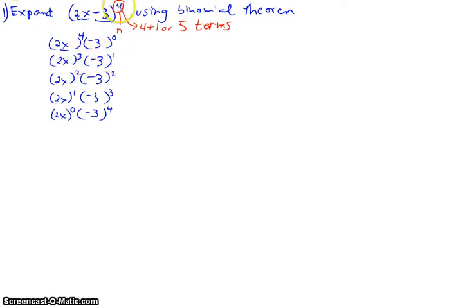Notice within each of these terms, the exponents add up to the n value. 3 plus 1 is 4, 2 plus 2 is 4. That's another pattern we discovered in the last lesson. Now, in front of these is either a row from Pascal's triangle, or those are also known as combinations. In this nCr, n is our exponent on the binomial, so 4.